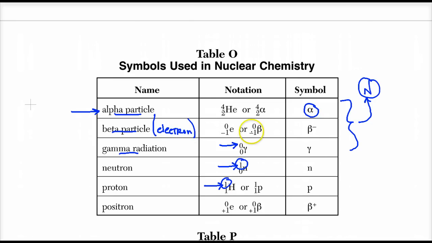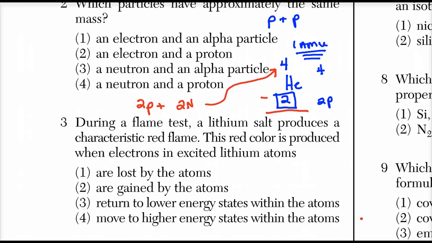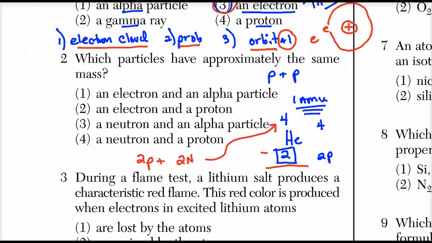They emit this, so this is a 0 for an electron. Now the electron doesn't have 0 mass, but it's considered to have no mass compared to these big particles. You should remember that a beta particle electron is 2,000 times smaller. You will see those questions. So number 2, clearly number 2 is a neutron and a proton. Number 4.